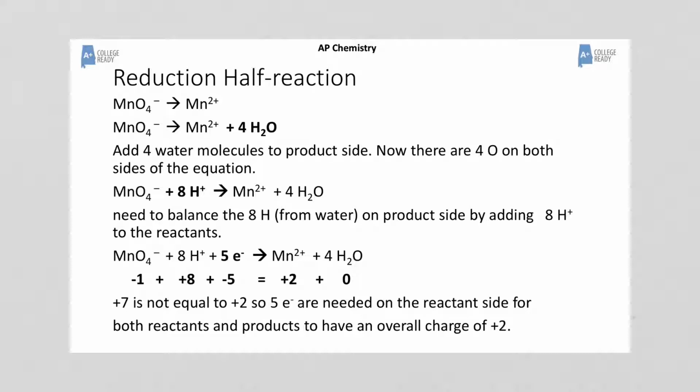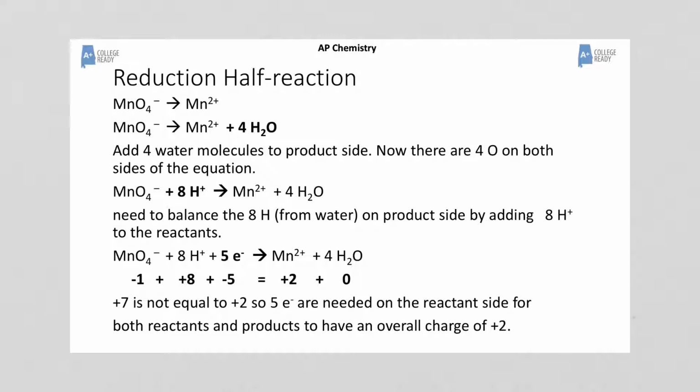And then our next step is to do the balancing. You can see I've totaled these underneath. So permanganate ion is -1. We've got positive 8 from all the hydrogens, and the product side was plus 2. So basically we had plus 7 on the reactant side and plus 2, so that's why 5 electrons were added to achieve that equal plus 2 charge on both sides of the reaction.